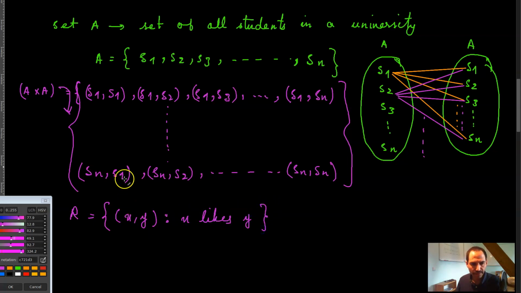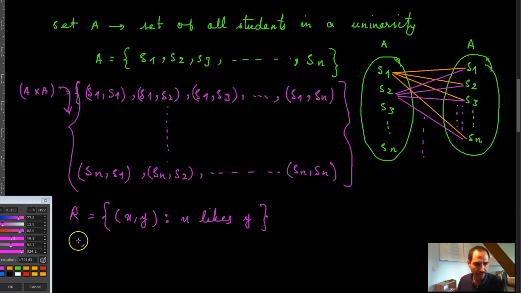Meaning that if the first student likes the second student, then that ordered pair is going to belong to R, otherwise not, right? And based on that rule, let's suppose that S1 likes S1.